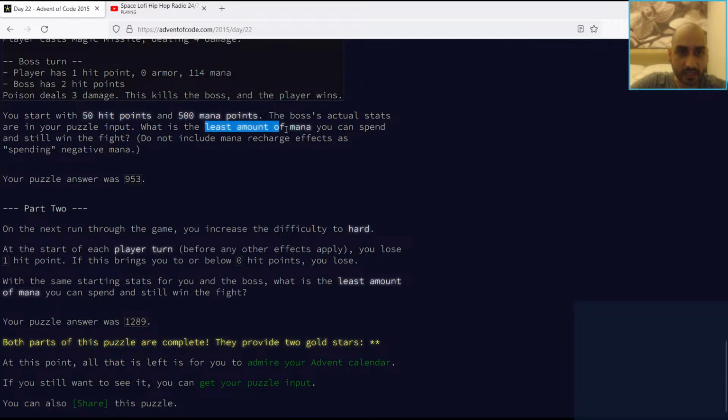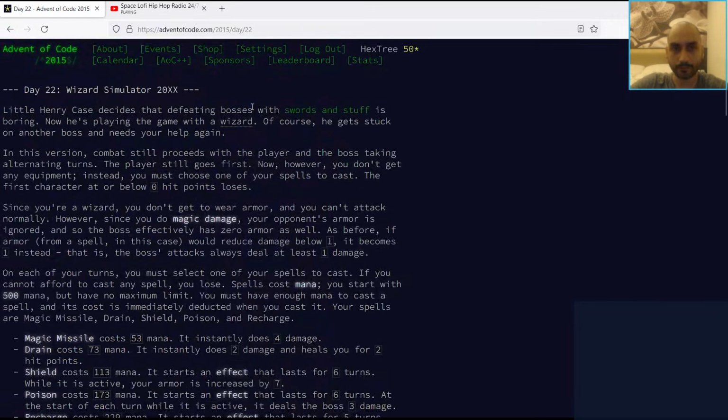Oh, no, it's not the starting mana that changes. It's the amount you spend. Ah. But you could actually just alter the starting mana, because that would force the amount you spend. Okay, cool.